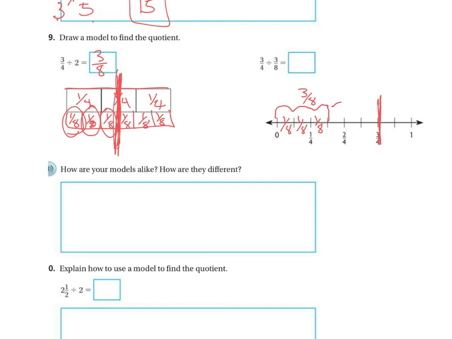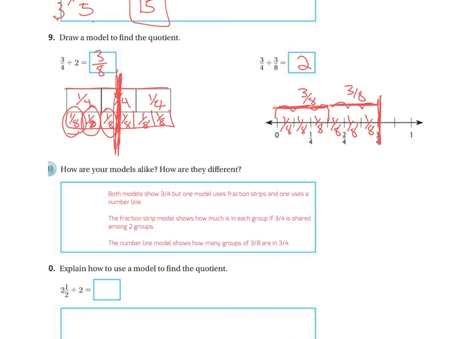And then here's another 3/8. 1, 2, 3. There's my other 3/8, because these are each an eighth. Okay, so how many 3/8 do I have? I have 1, 2, right? I have 2 3/8.